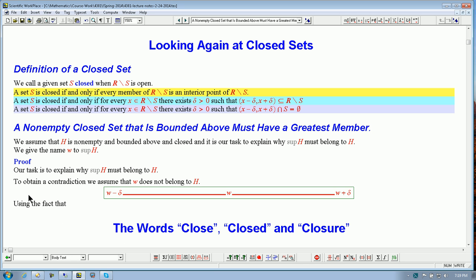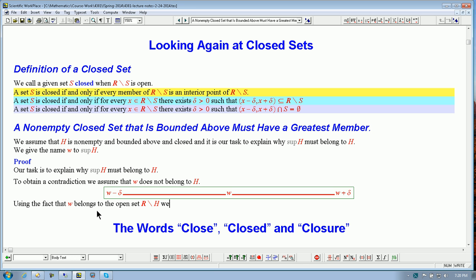To obtain a contradiction, we are assuming that this number W does not belong to H. Using the fact that W belongs to the open set. If you don't belong to H, you belong to the complement.